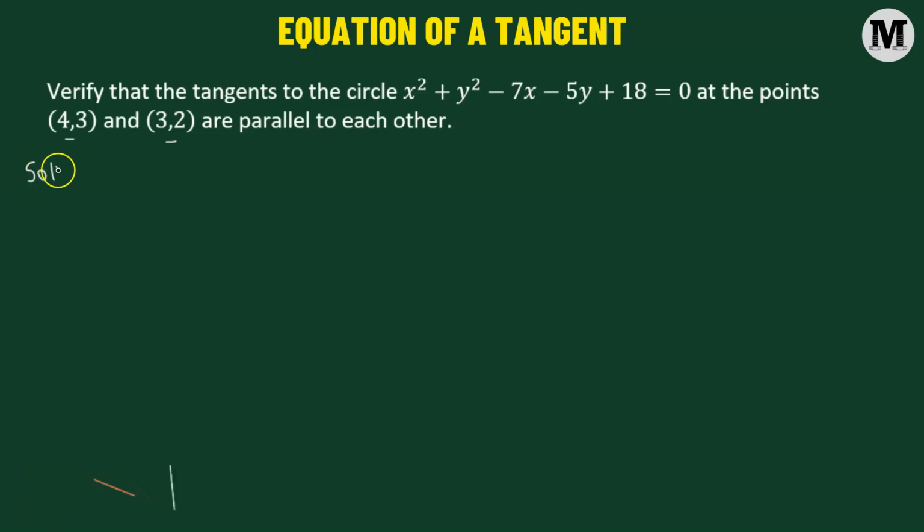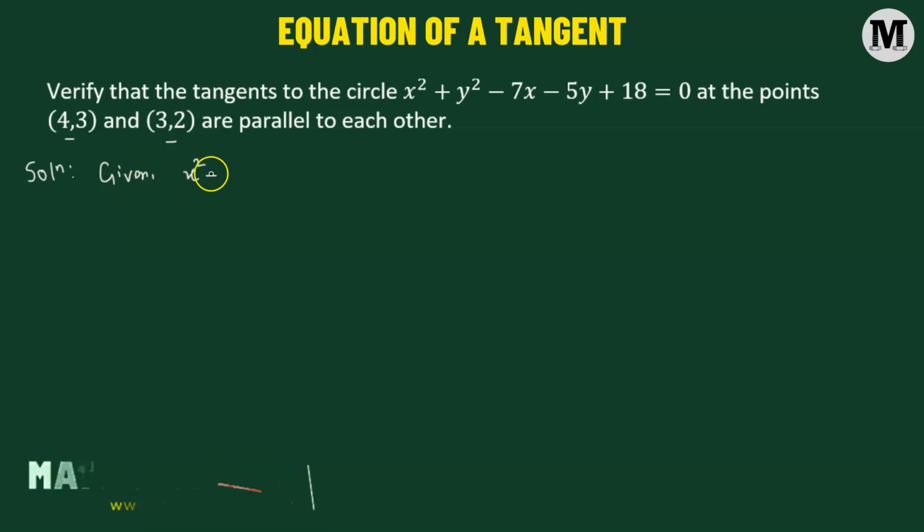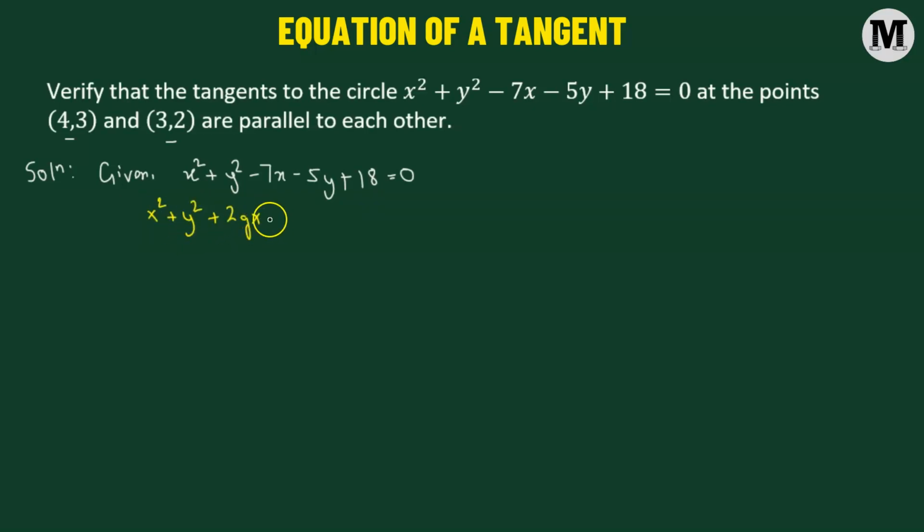So first, we'll consider the equation of the circle. Here we are given x squared plus y squared minus 7x minus 5y plus 18 equals 0. We compare it with the general form of a circle, x squared plus y squared plus 2gx plus 2fy plus c equals 0.